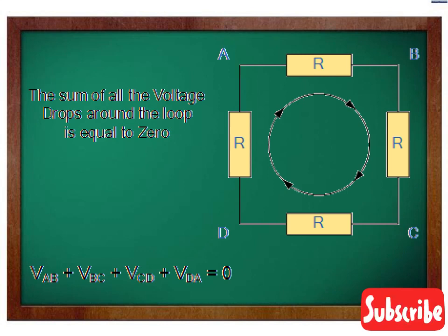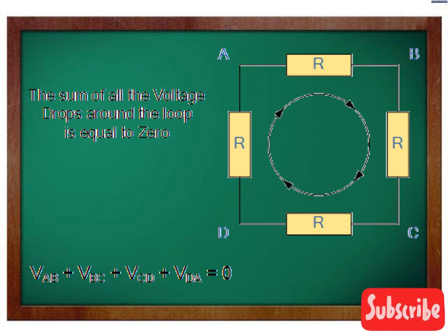So the word closed loop is very, very important. To satisfy this law, the loop should be closed. There is a change in potential in this circuit as the resistances are connected across it. If you connect a battery of voltage source V across a circuit and some resistance or capacitance is connected in the circuit, then there will be a change in potential.